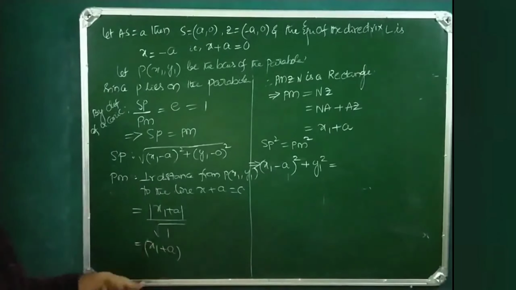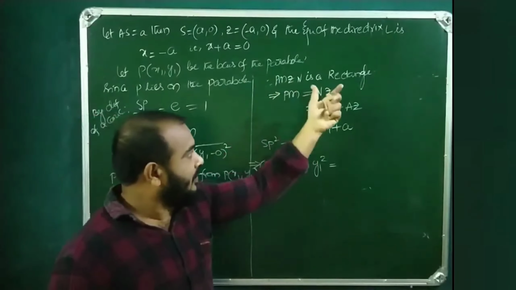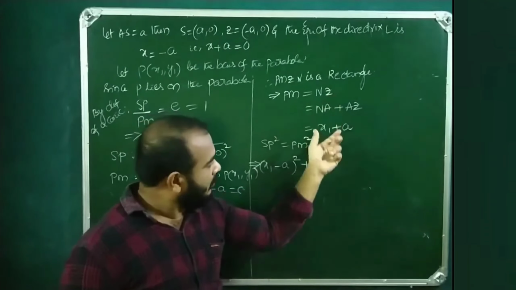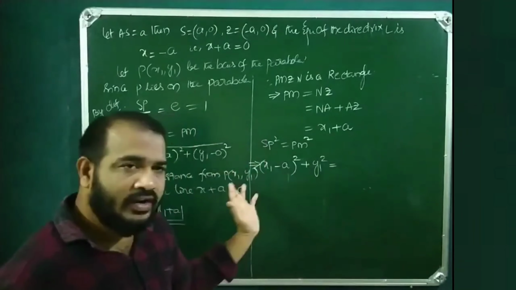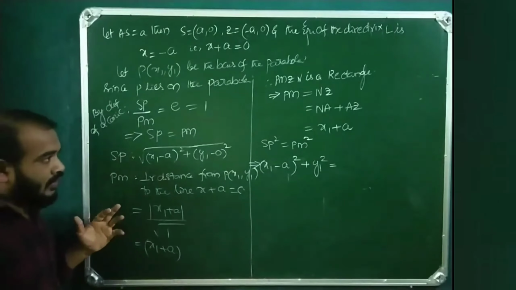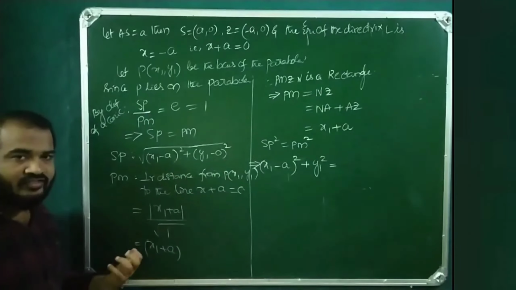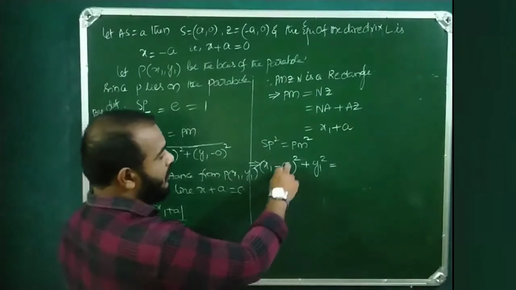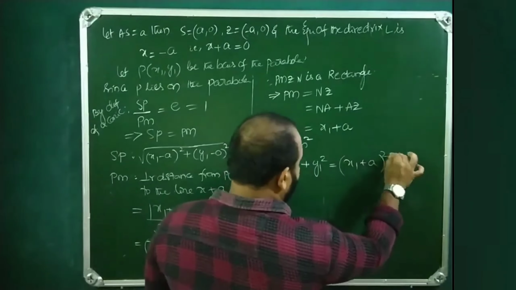In both ways I have proved PM is x1 plus a. The same PM, if you proceed through the rectangle, is also x1 plus a. So here only one is enough, but for your convenience, if you could not understand this, you can understand with this. So PM is nothing but (x1 plus a) square.